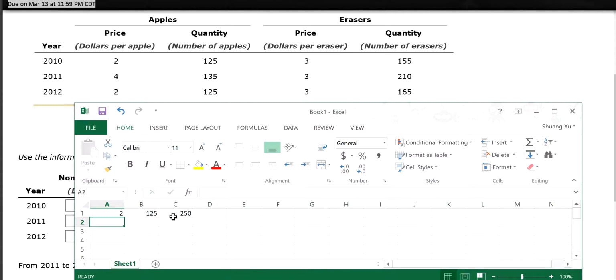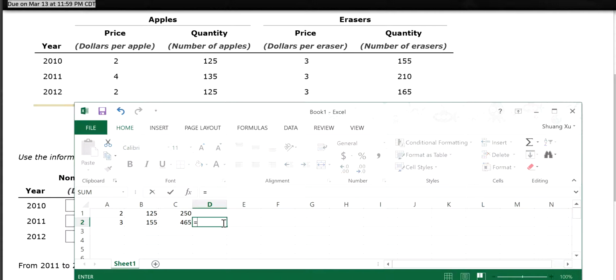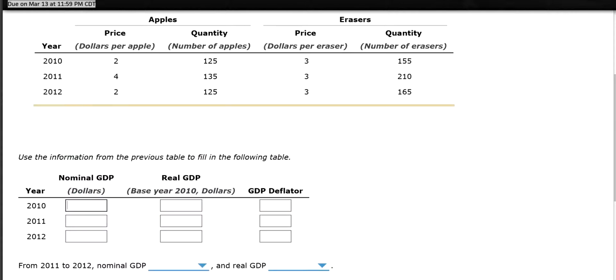And then for erasers, our price for eraser is 3, and then quantity is 155. Therefore, the value for erasers is going to be 465. So which means our total value is going to be 250 plus 465, which is 715. So the nominal GDP for 2010 is 715.